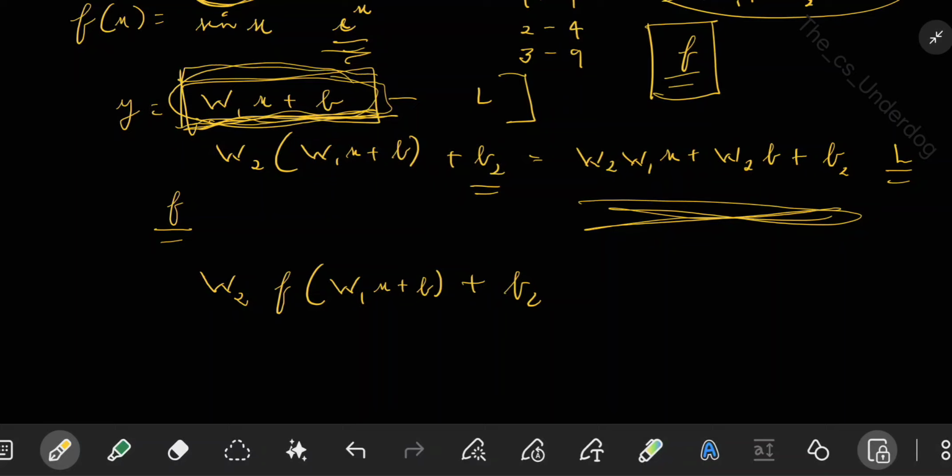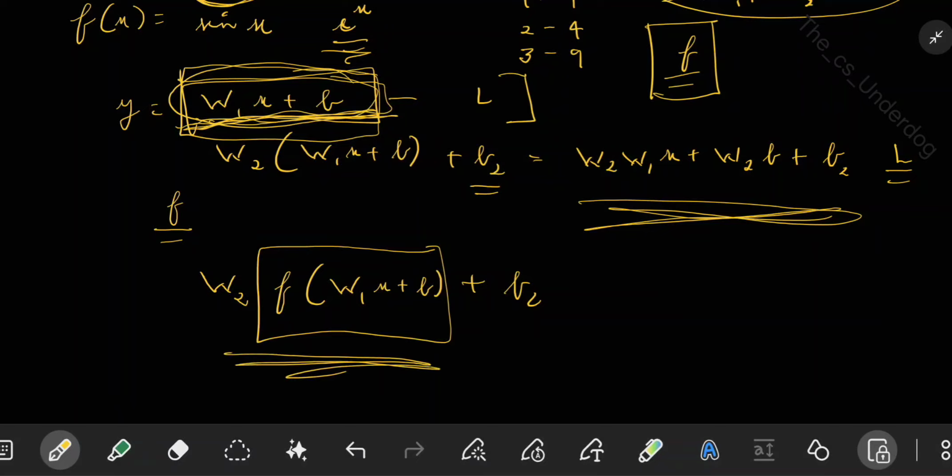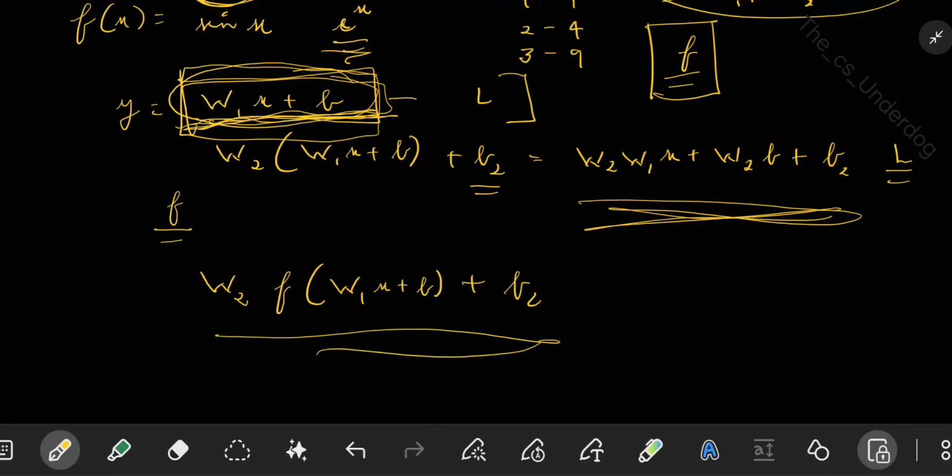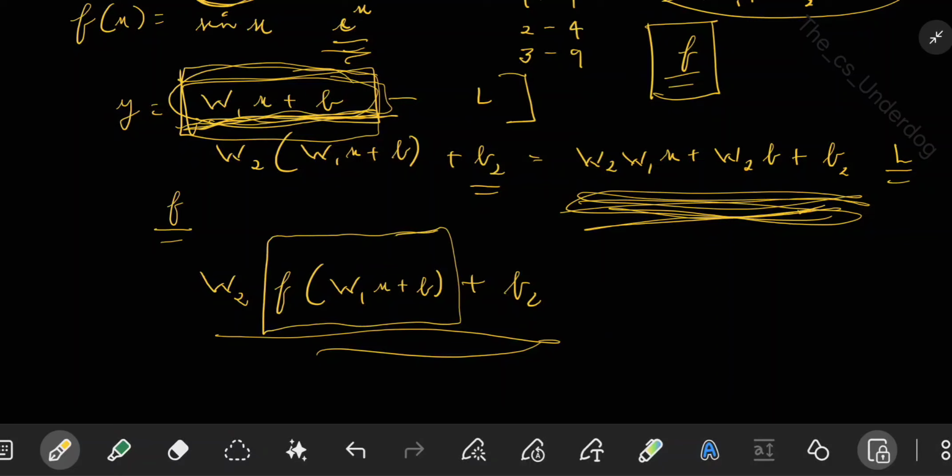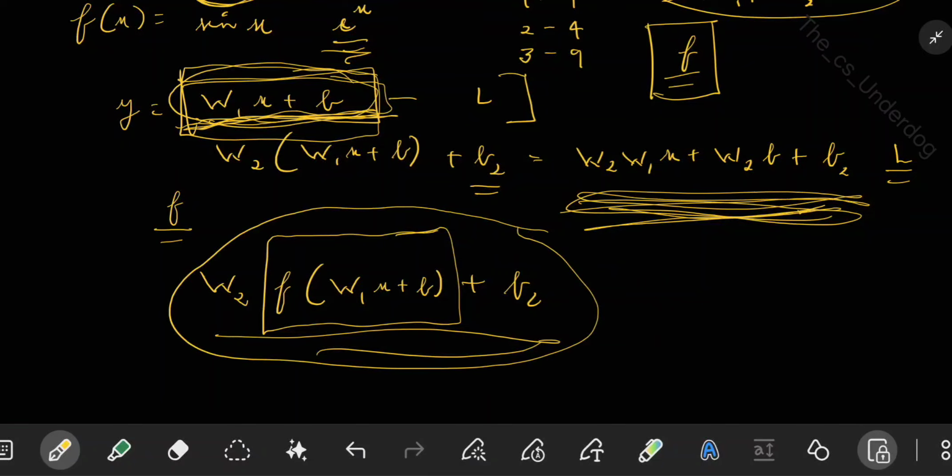So after I have this w1x plus b, it will go through the activation function. It will become f of w1x plus b. And then when it passes through the next layer, w2 will be multiplied to this final output, plus the bias of the second layer. But this time you won't be able to write it like this, because you have this activation function here which is adding a non-linear transformation. So this is no more a linear relationship. It is a non-linear function now.